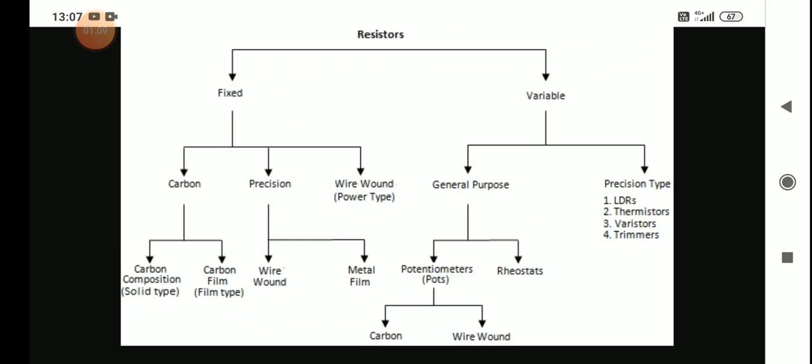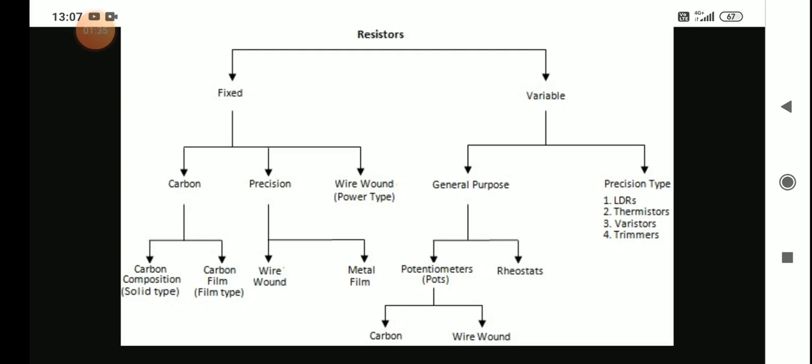Again, carbon resistors are divided into carbon composition type resistors and carbon film type resistors. Precision resistors are classified into wire wound resistors and metal film resistors, as shown in the slide.